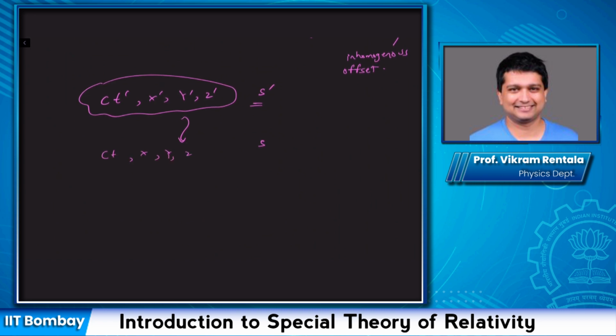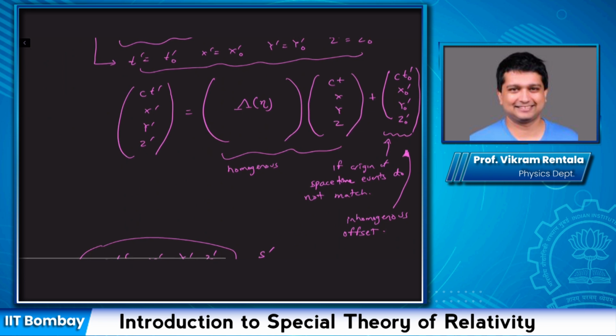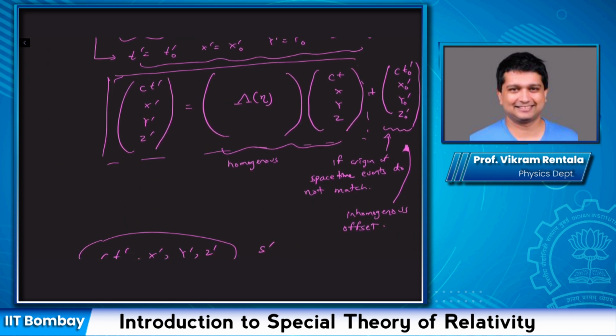So what we need to do is invert the Lorentz transformations. Since we obviously have this relationship, which is just a linear matrix relationship, and we're assuming no offset for the moment, all we have to do is invert this matrix, lambda.